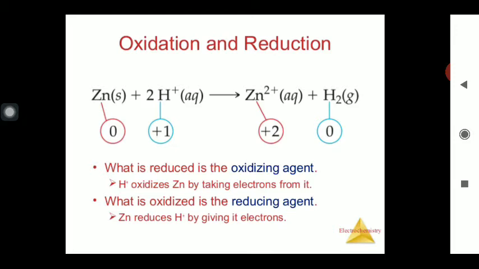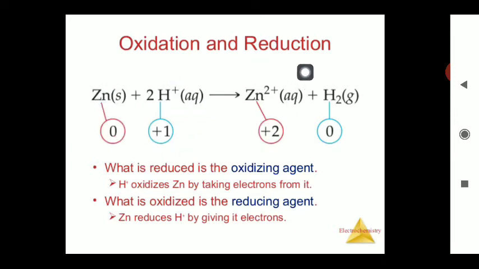Okay, now we will assign the oxidation number of each and every participating atom in this chemical reaction. Zinc is present in the native form, so its oxidation number is taken as 0, and this is the H+ ion. You know, for an ion the oxidation number is equal to its charge.